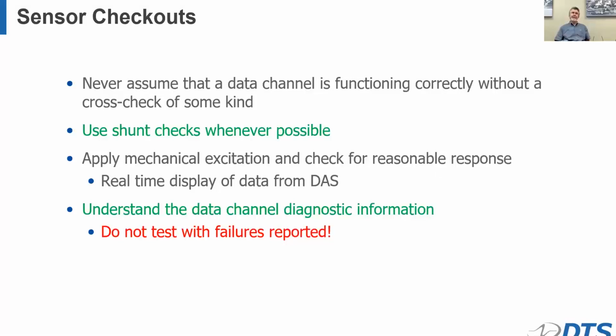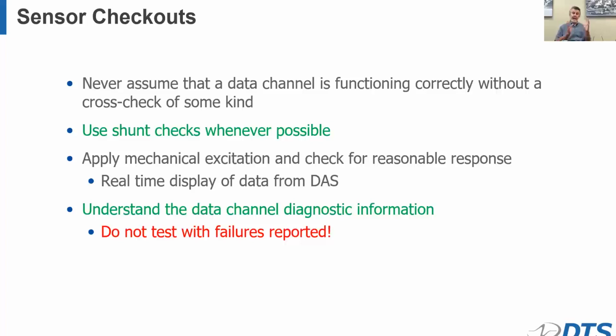Let's talk about sensor checkouts, and this is actually a slide taken from Principles of Dynamic Data Collection. In the green there, I'll start with number one: never assume that everything's working okay without some kind of empirical check. Use shunt checks whenever possible. We've done our best to make it possible to use these easily in our systems. We have ways to measure the bridge resistances, and it's very simple and automatic.